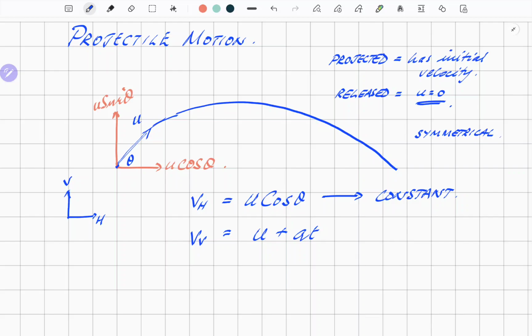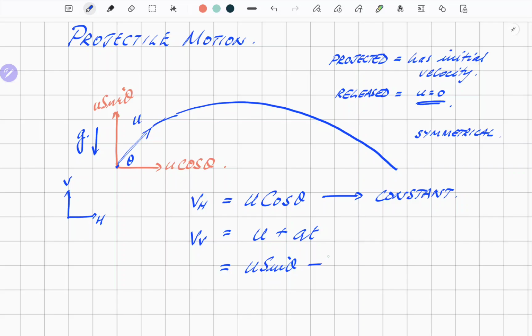The u in this case is u sine theta, so that's the initial velocity. And then your gravity, if I do it like this, is acting downwards, so compared to your initial vertical velocity, gravity is opposing it.